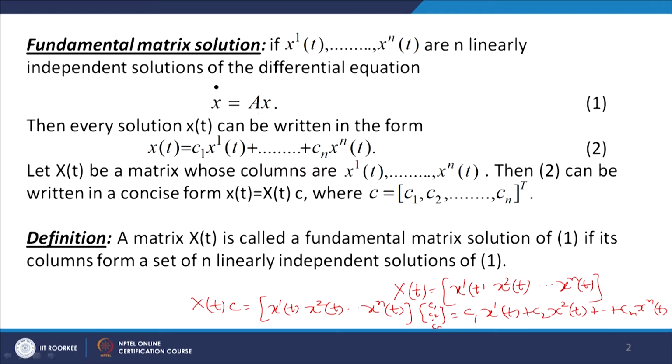You can write these n vectors in any order, so there is not a unique fundamental matrix. Any matrix where the n columns are n linearly independent solutions of x dot equal to Ax will always be called a fundamental matrix solution of the vector differential equation.